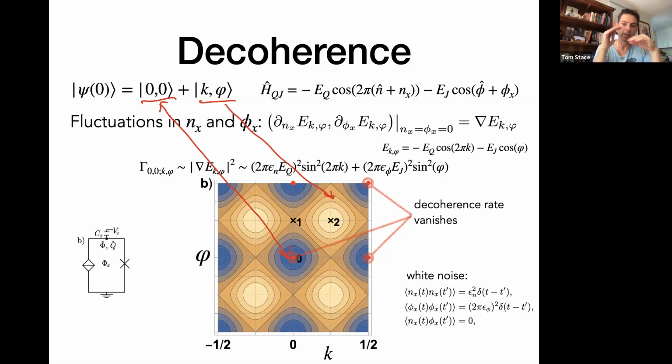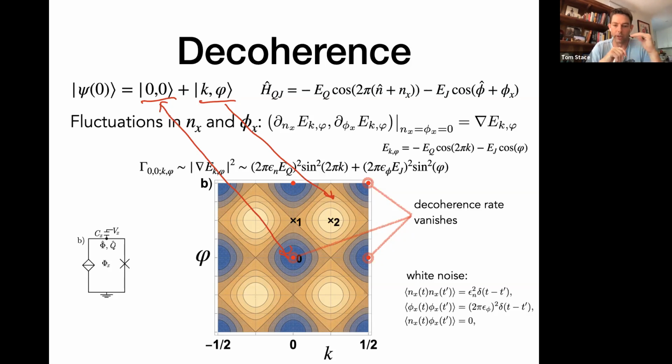And if I let nx or phi x move by some amount, then both of those energies could change. Now, the ground state energy is a minimum. You can see from that contour diagram that it's a minimum. Locally it looks quadratic. So small fluctuations in the charge or the quasi-charge have a quadratic effect on the energy of the lowest of the ground state.